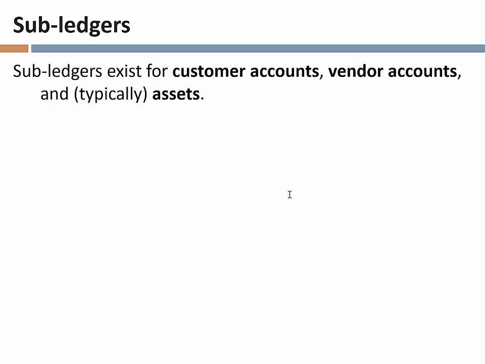And typically, we will have an asset subledger in most organizations. And there may be other subledgers we would have. But the idea here is that keeping track of all of our customers in one general ledger account would make record keeping a lot more challenging.